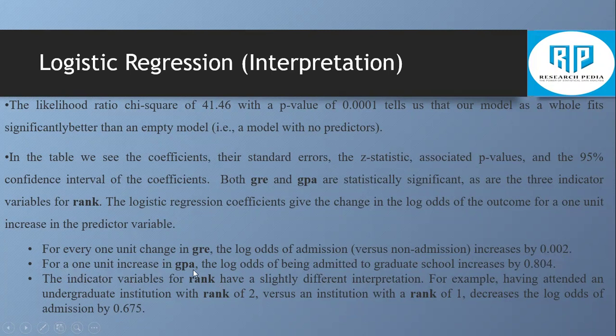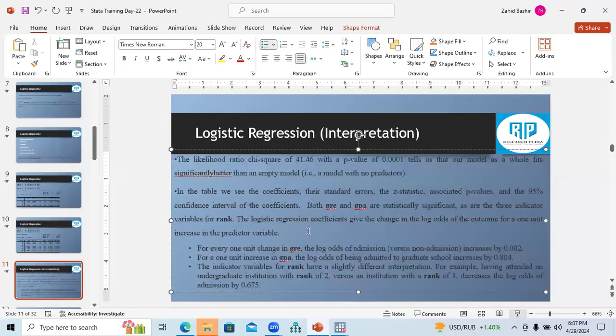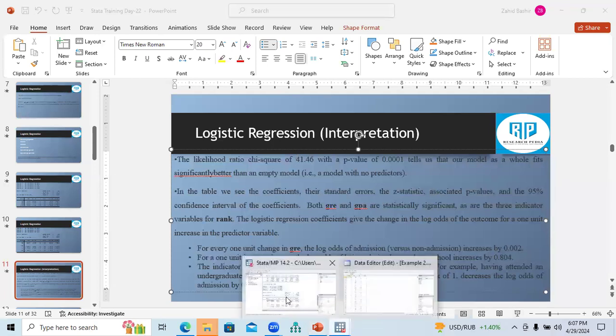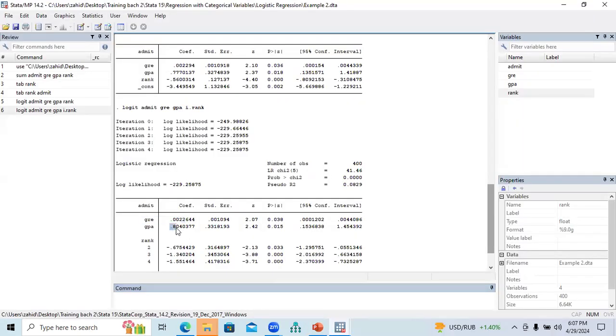For a 1 unit increase in GPA, the log odds of being admitted to graduate school increase by 0.804. You can see it here. So for every 1 unit change in GPA, the log odds of being admitted into the institution increase by 0.804.